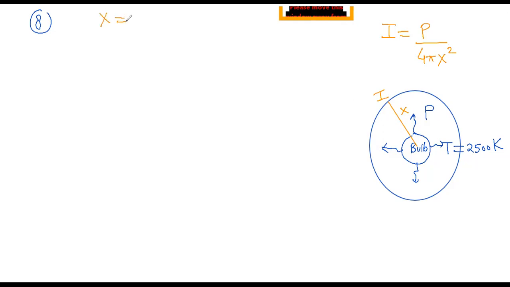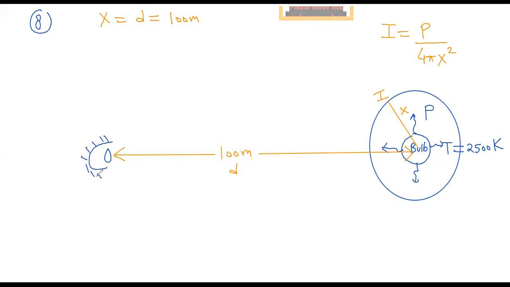Now when x is equal to d, equal to 100 meter, so suppose we come to a distance of 100 meter, and here the eye is located, and the radius of the eye is 3 mm.